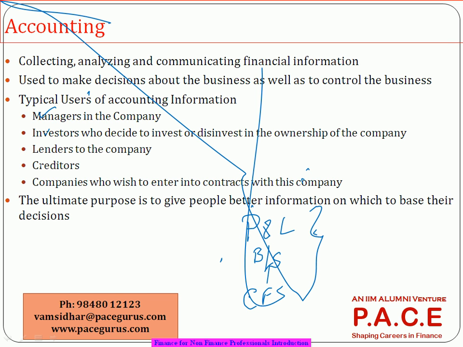Even the creditors will look at it, and so will any other parties who want to enter into some kind of contract with the company, either for tie-ups, joint ventures, strategic activities, anything. Let's come together, we share the profits. For any kind of tie-up agreement, I will look at how this company is going to perform. Even as an employee, if I want to choose where to join, it's better for me to see whether this company is really doing well.